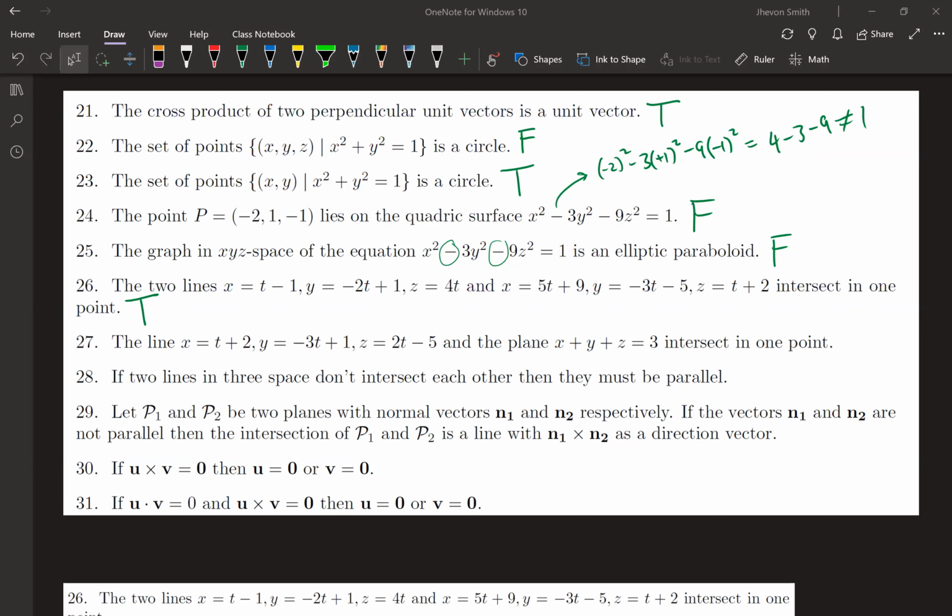Problem 27, that line and that plane intersect in one point. Now, this one can actually be done in a little less time, because you don't have to do as many calculations to figure this one out.